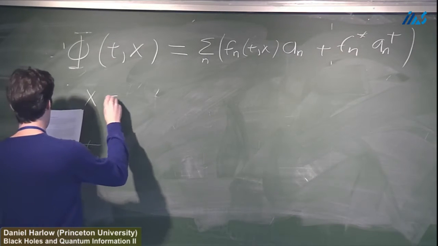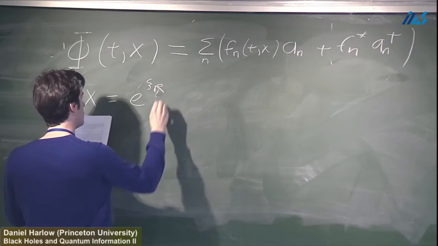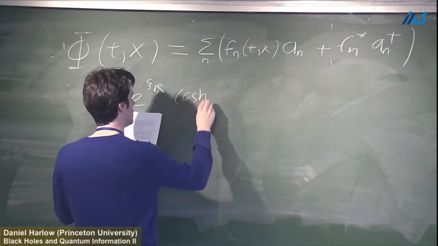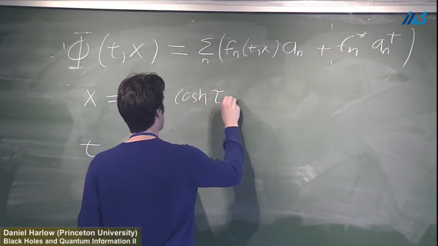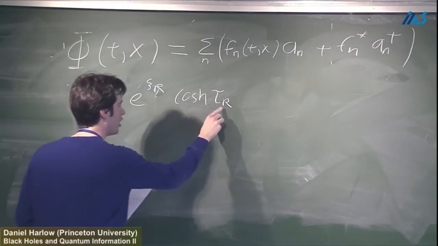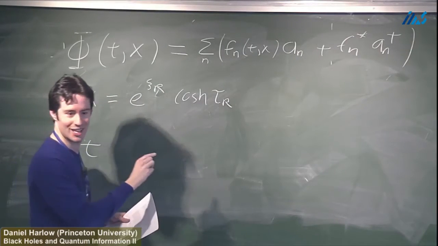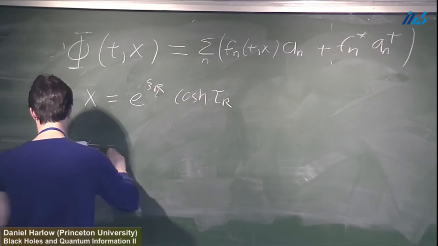So it so happens that the coordinates that you like, xi is going to be a spatial coordinate, and t is going to be something like sinh tau_R. I'm going to write the R religiously because this is a Lorentzian coordinate, not the Euclidean tau coordinate, so the R is there to make that distinction.